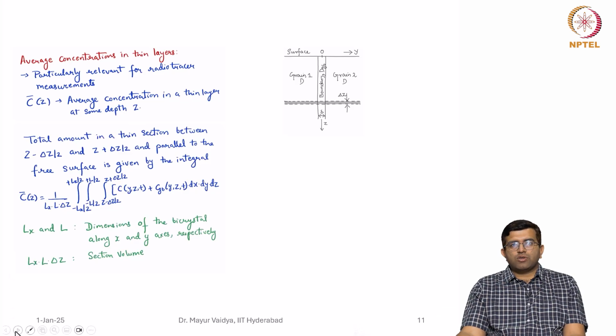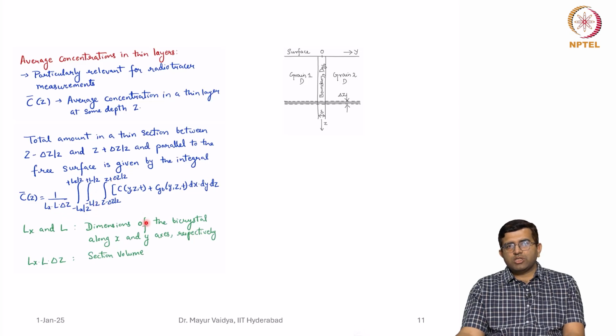So, average concentration is estimated, let us say, in a thin section between z minus delta z by 2 and z plus delta z by 2 and parallel to the surface, and it is given by this triple integral, which is 1 by Lx into L into delta z, and these are the integration limits for each of the dimensions.